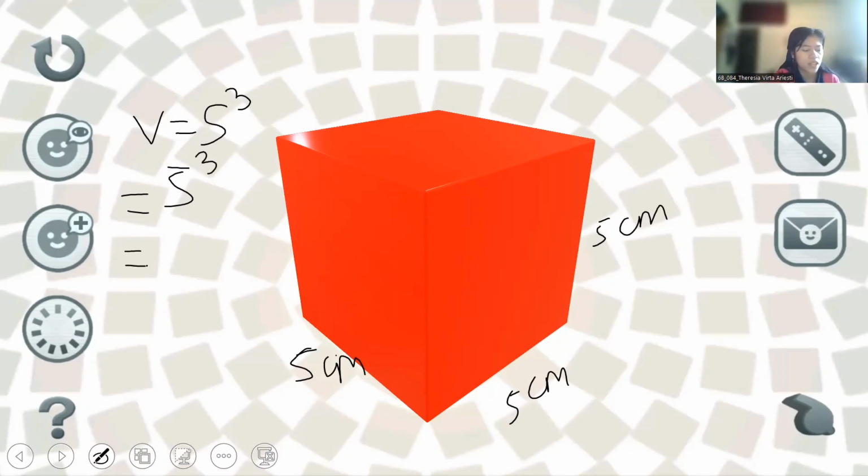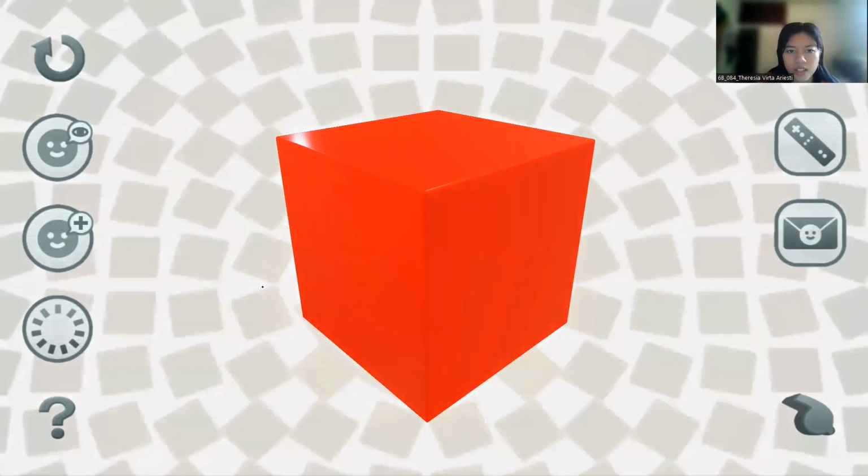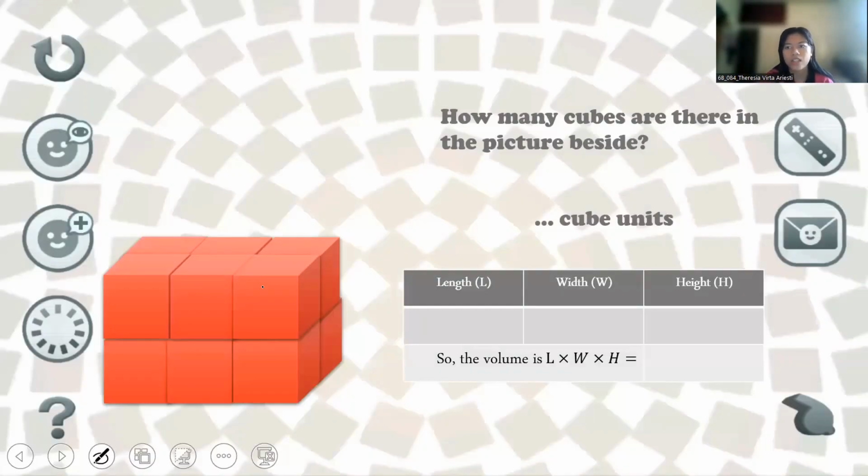So what we got, 5 cross 5 cross 5 is 125 cubic centimeters. So that's the answer of the volume of the cube.